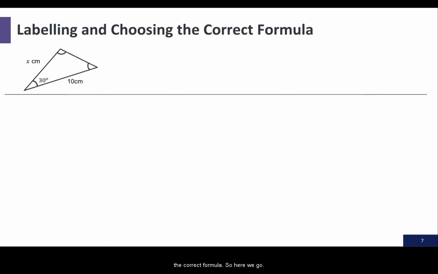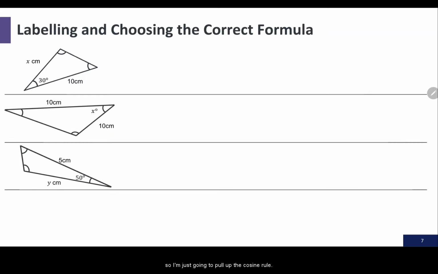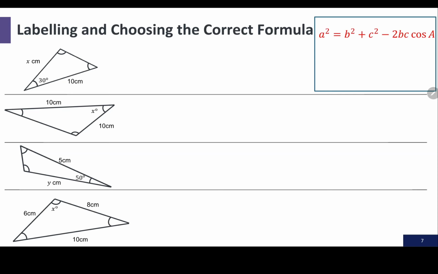So here we go. In this first example, you can see that I'm trying to calculate a length, and I've got two sides and the angle between. I'm just going to pull up the cosine rule. There it is in red, and it's all about the labelling. I'm going to change that for 4 centimeters.